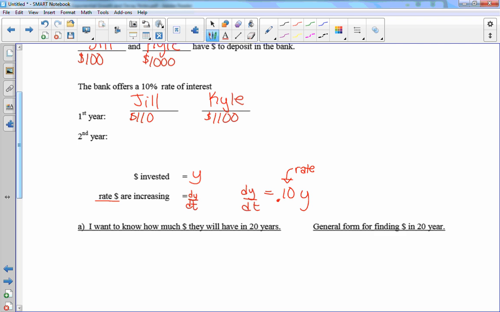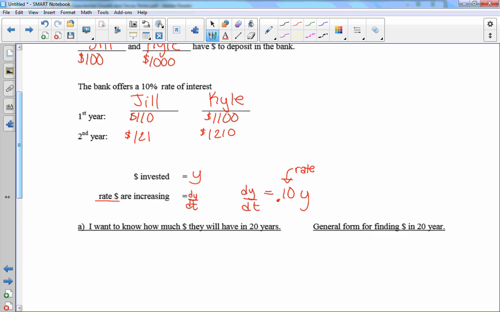So you just move the decimal once. And if we add 11, we get 121. How much would Kyle have after the second year? Yep. Add $110, 1,210.